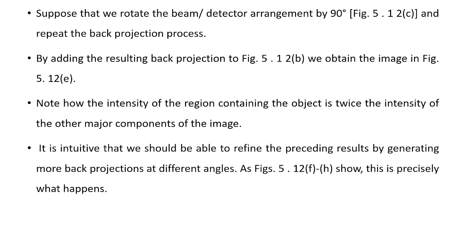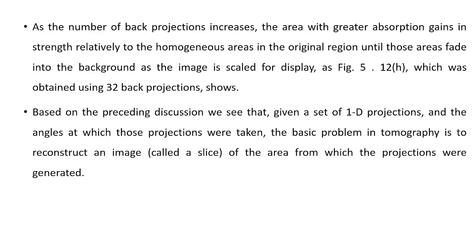So it is intuitive that we should be able to refine the preceding results by generating more and more back projections at different angles, and finally we have to add them together. As the number of back projections increases, the area with greater absorption gains in strength relative to the homogeneous areas in the original region, until those areas fade into the background as the image is scaled for display, which we are obtaining.